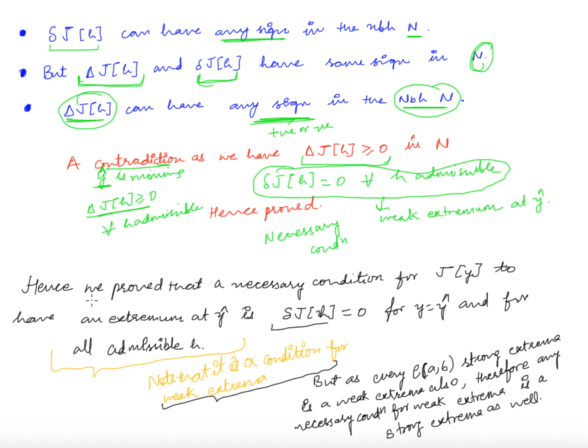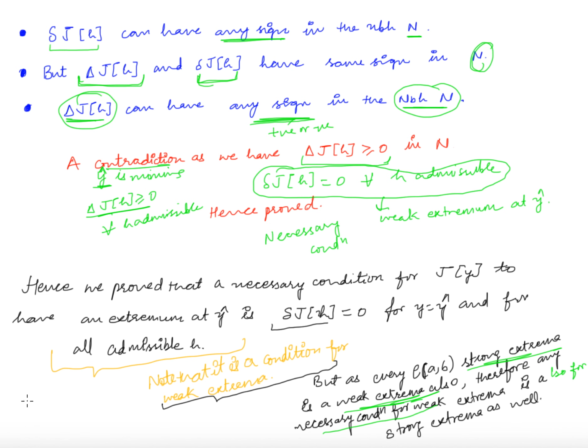But as every strong extremum is also a weak extremum, every necessary condition for a weak extremum is also a necessary condition for a strong extremum, so there is no need to write it explicitly.